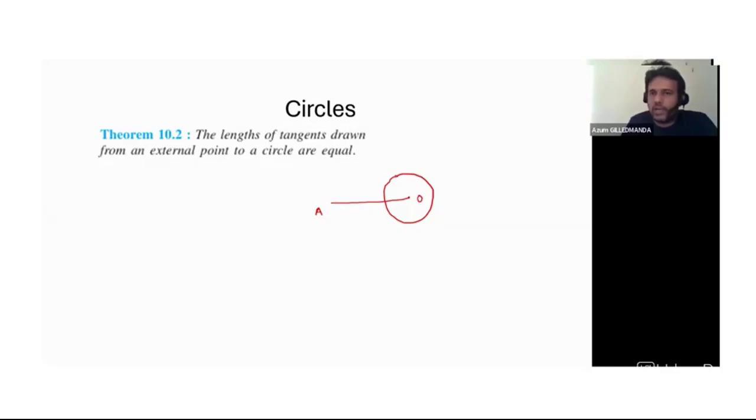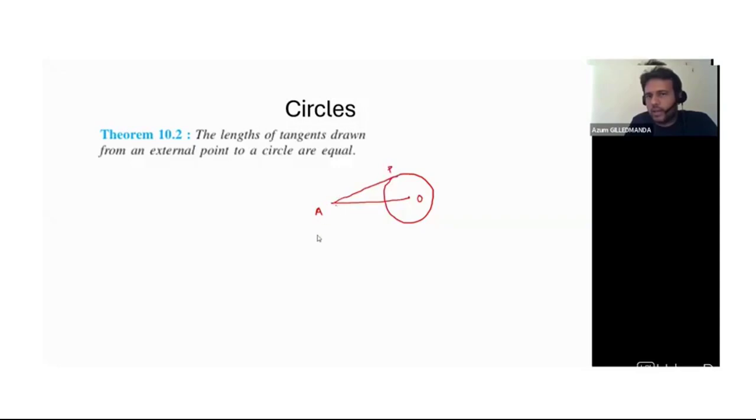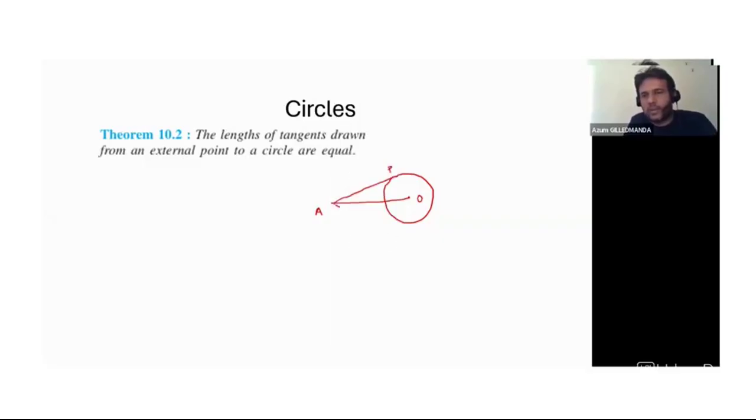And from this point, how many tangents can I draw? I can draw two. Let's say this is a tangent that is touching at point P. And similarly, from A to the other side, I can draw another tangent, right?